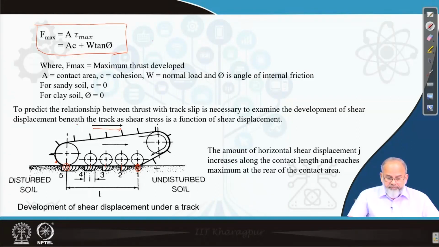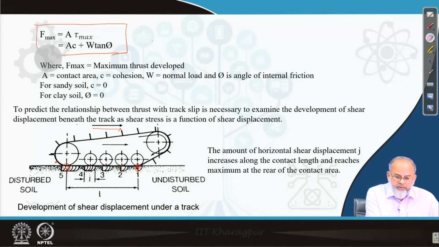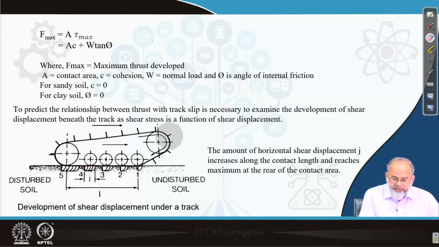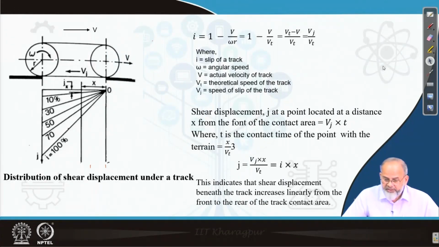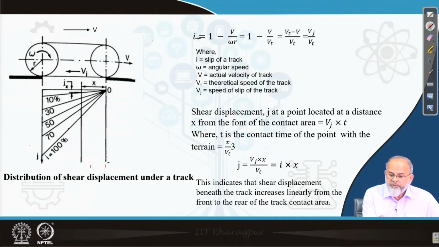Now, how do we find out the shear displacement? Again, we know the slip velocity. The slip can be defined as i equal to 1 minus V by omega r.